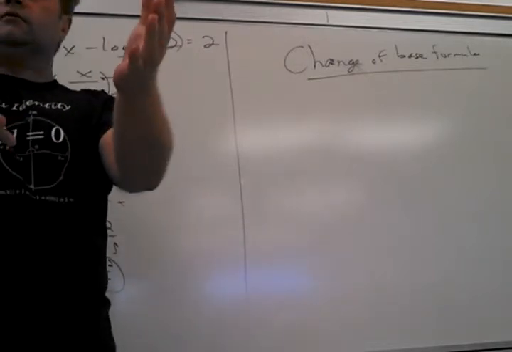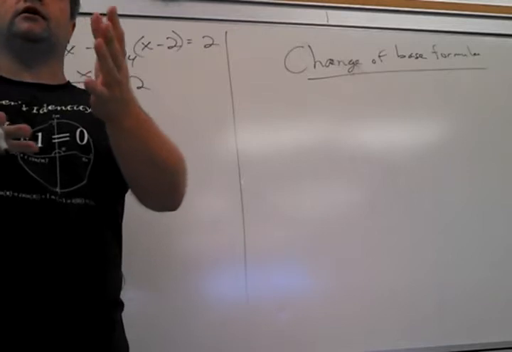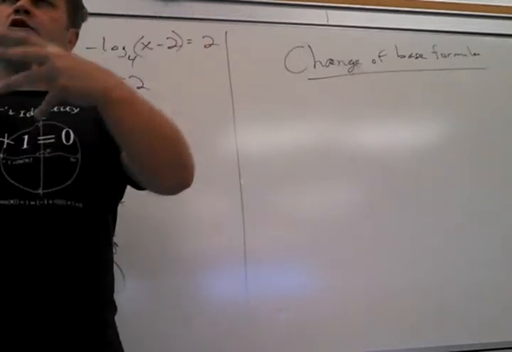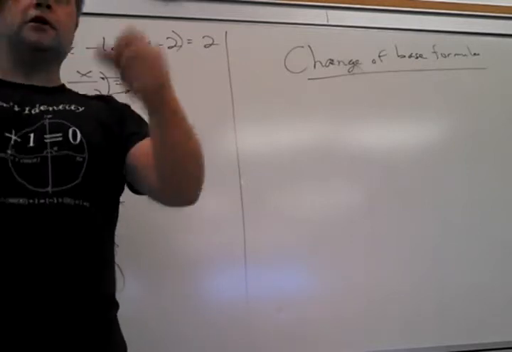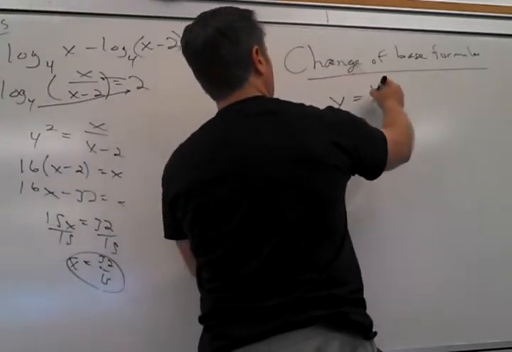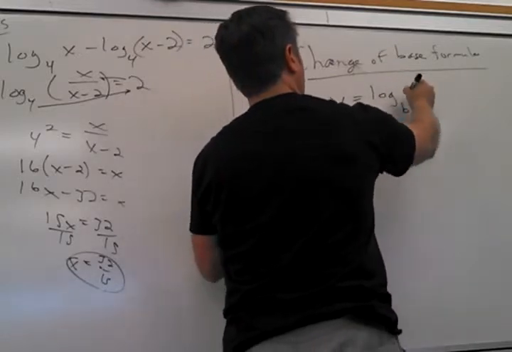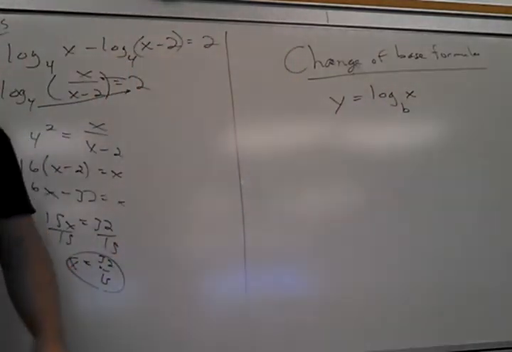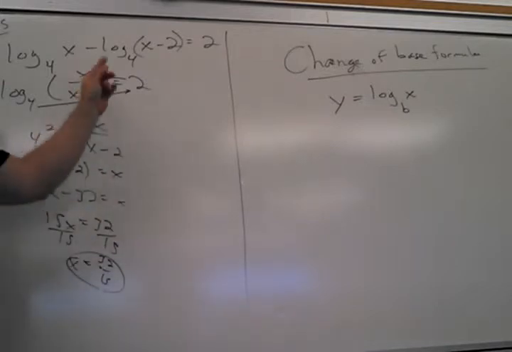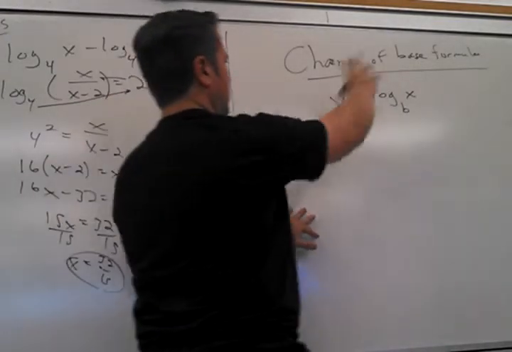If you have a base 7 and no way to do base 7 in your calculator, you want to get an approximate answer, so you have to change it into base 10 or base e. And there is a way to do it. It's crazy.